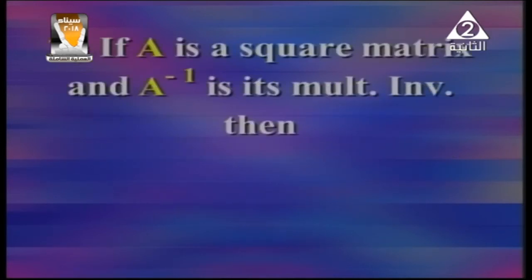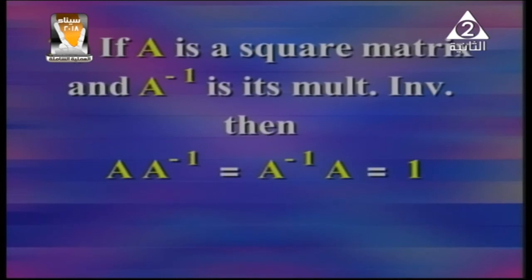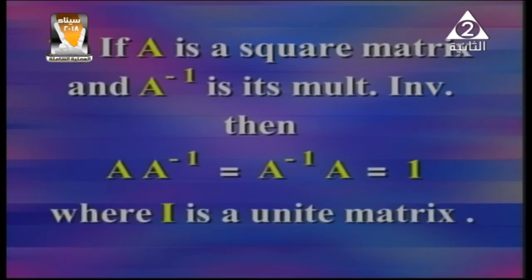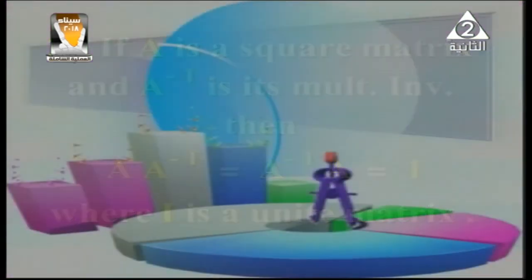Number 2: if A is a square matrix and the inverse of matrix A, A to the negative 1, is its multiplicative inverse, then A times its inverse equals the inverse times A equals I, where I is the unit matrix.